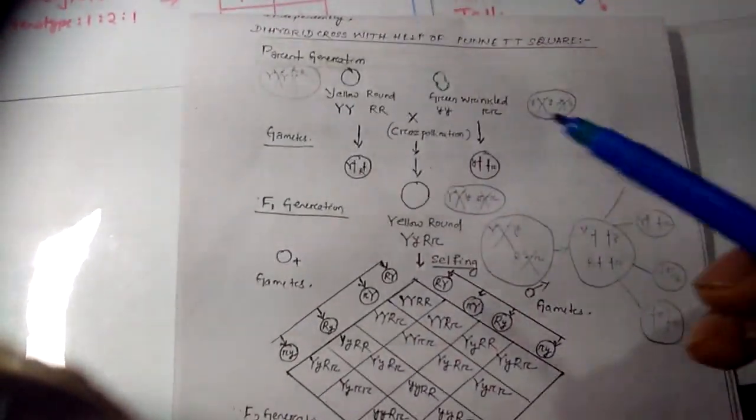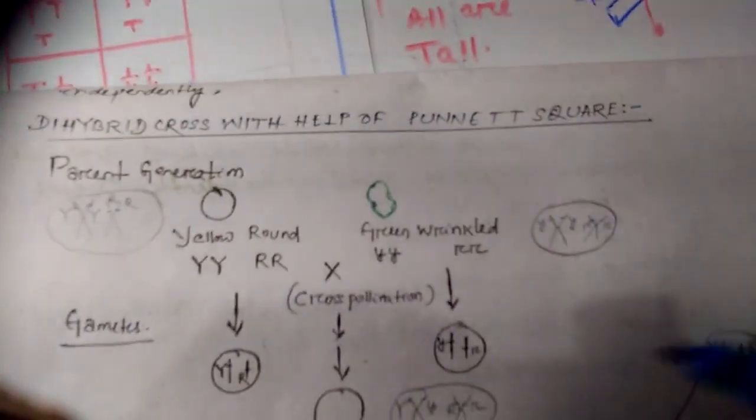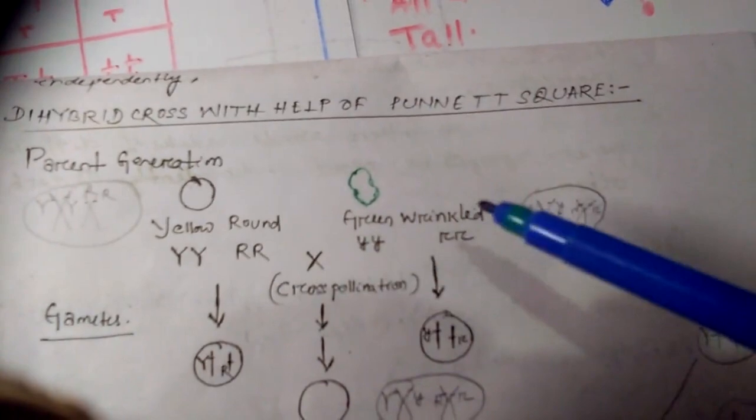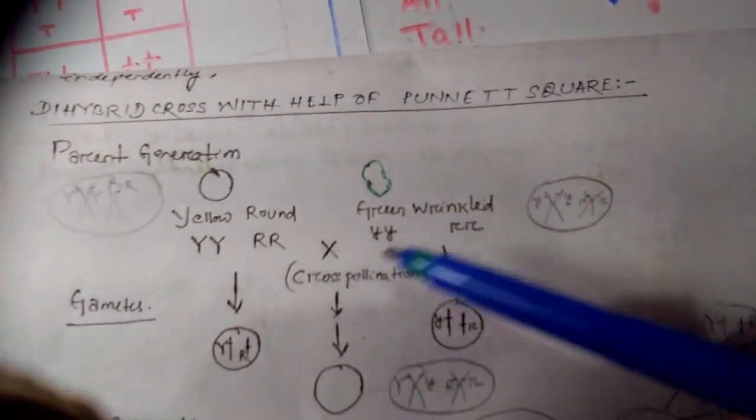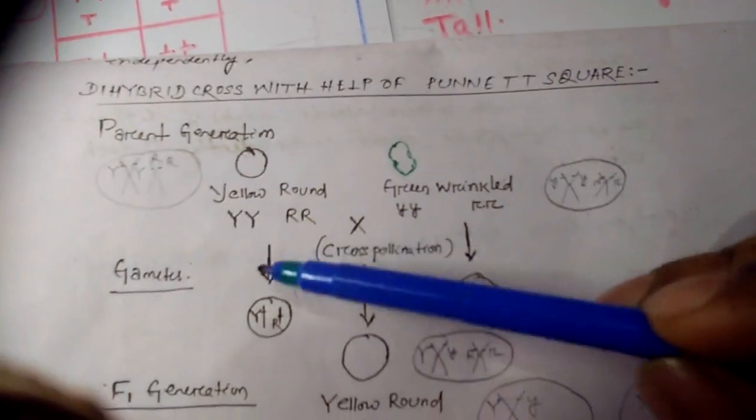Now quickly come to the dihybrid cross with the help of the Punnett square. In the dihybrid cross, you can see here the parent generation we have taken: yellow round and green wrinkled. We initially did the cross pollination. What types of gametes will we get here?